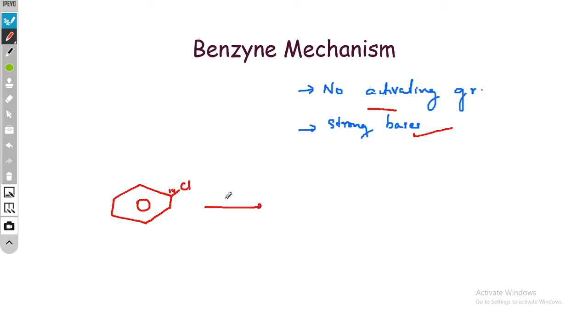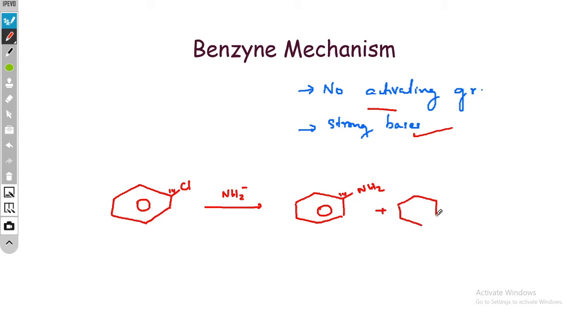In the presence of NH2 minus, which is a strong base, in liquid ammonia, two products are formed. One is where the incoming group attaches at the same position as the leaving group. Here, this is the carbon 14 labeled carbon.